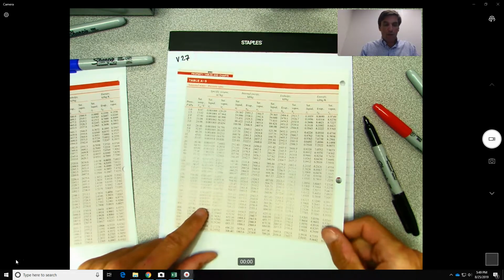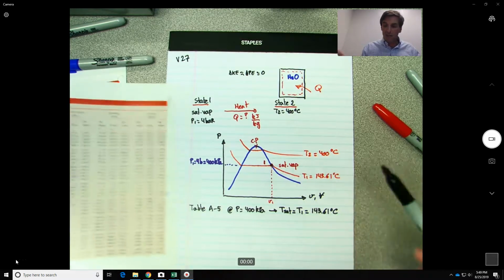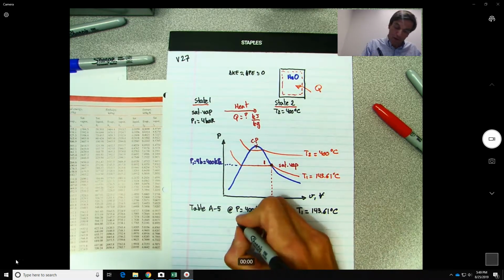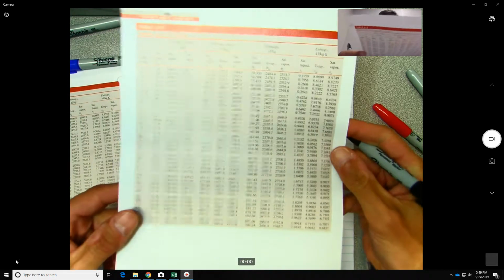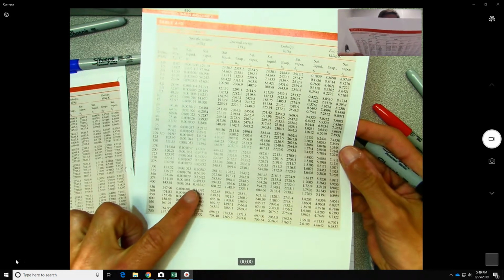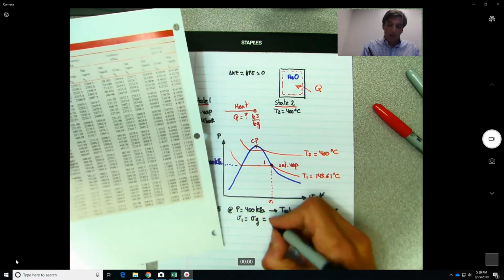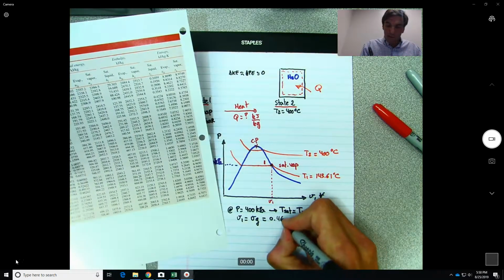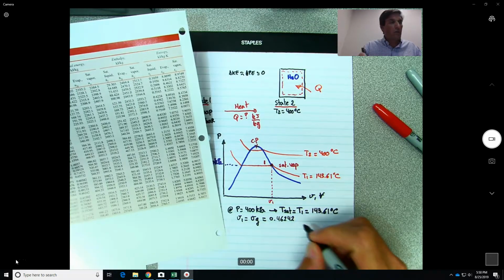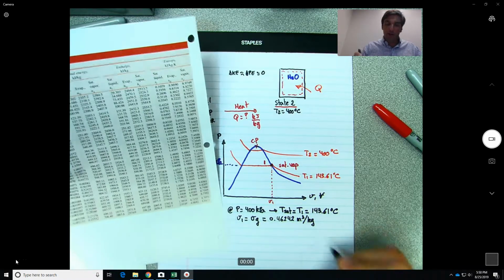We can go to the same table, and V1 should be equal to V, not liquid but V gas. So from table A5 we know V1 will be equal to V gas, and again I don't know if you can read on the table, that's equal to 0.46242, and the unit should be cubic meters per kilogram.